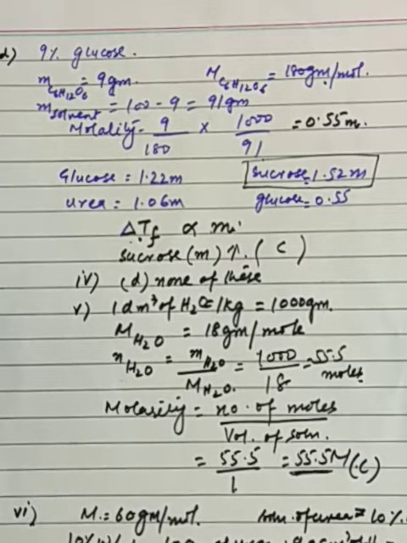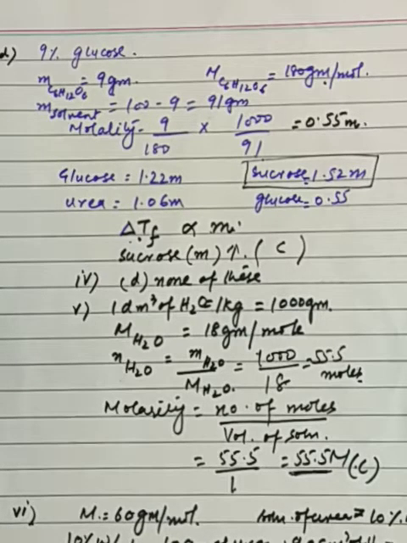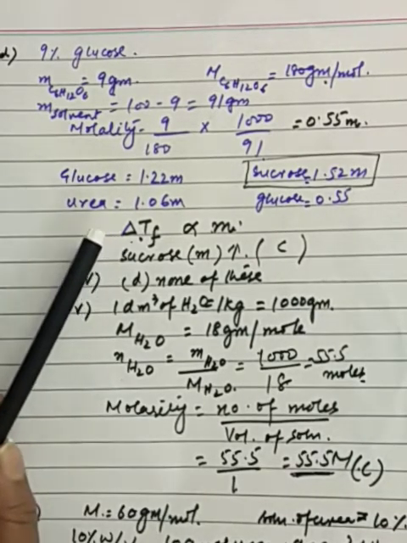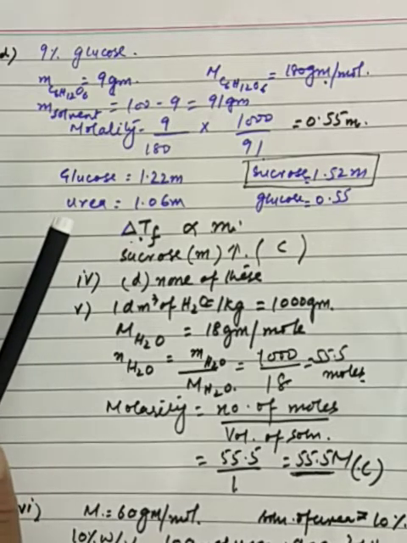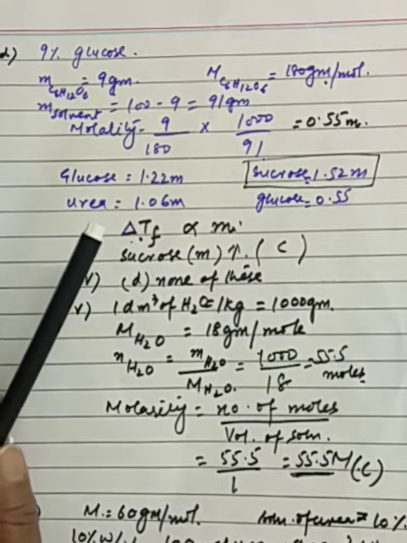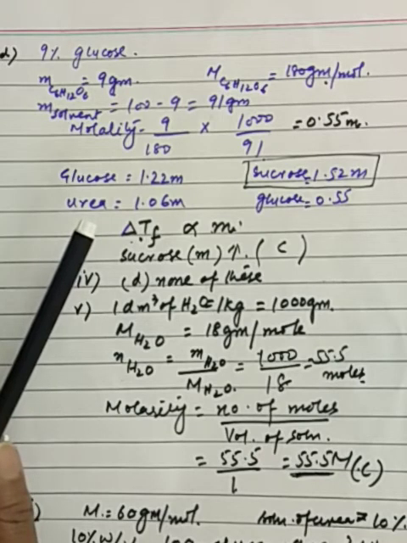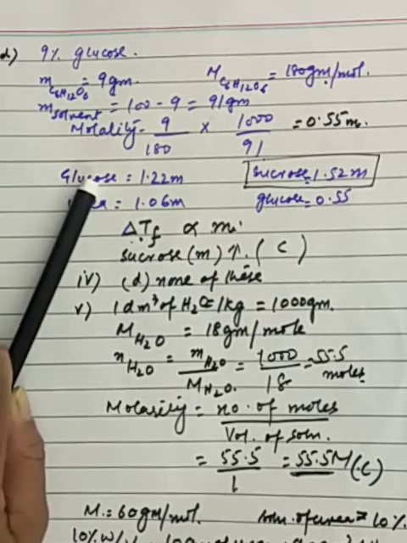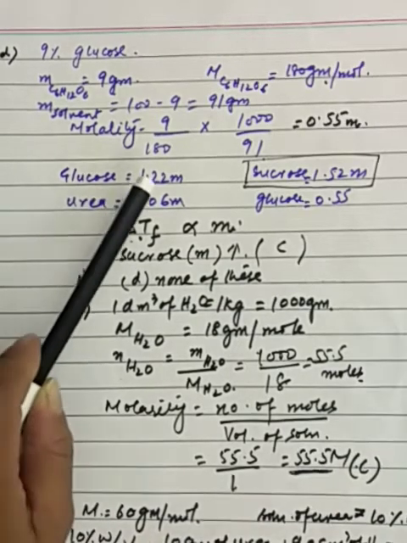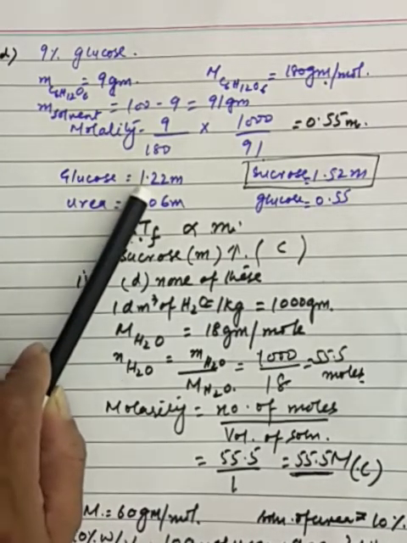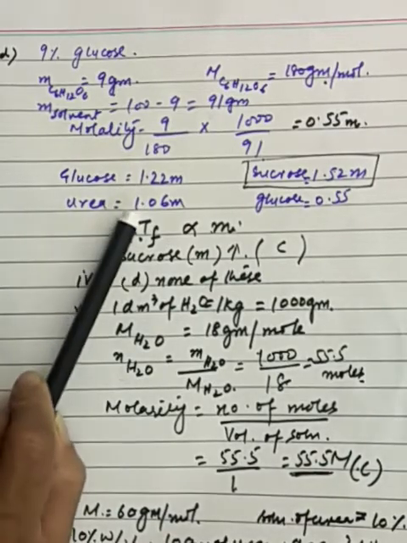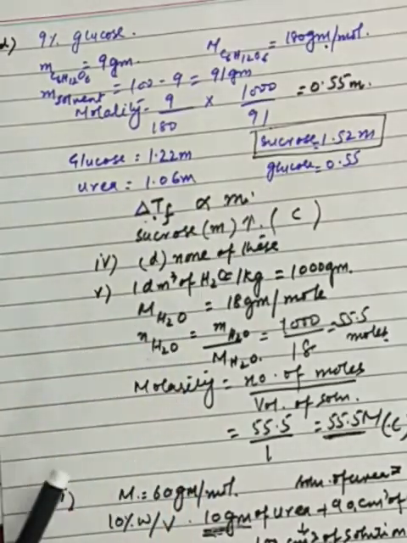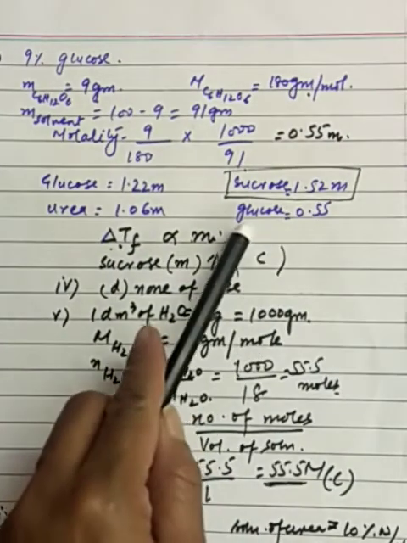Freezing point depression is a colligative property. Delta TF is directly proportional to molality. 34.2% sucrose has highest molality value. Boys, मैंने यहाँ पे molality values लिखी हैं. In case of 18% glucose, the molality will be equal to 1.22. In case of urea, it will be equal to 1.06. In case of sucrose, it will be equal to 1.52.